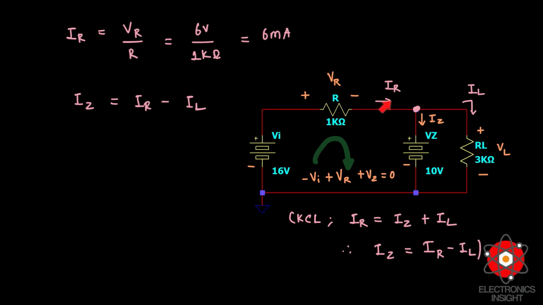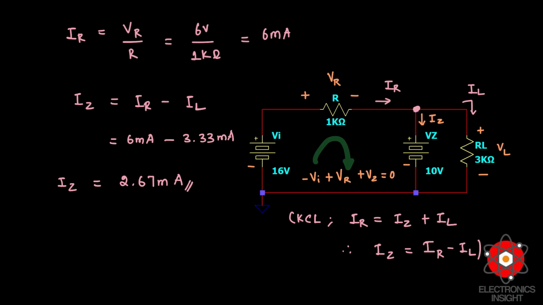So therefore, IR will be equal to IZ plus IL. And therefore, from this, we can easily identify what is IZ, which is IR minus IL. And now we have all these values. IR is equal to 6 milliamps. IL was 3.33 milliamps. So therefore, Zener diode current will be equal to 2.67 milliamps.